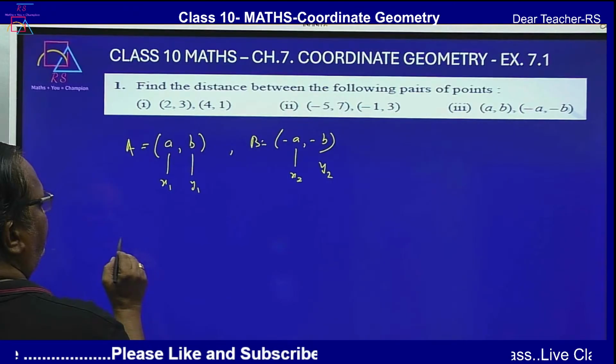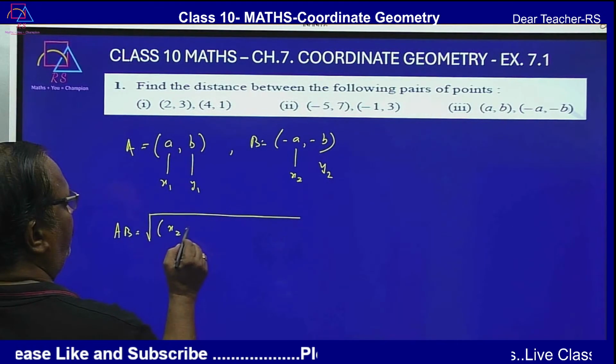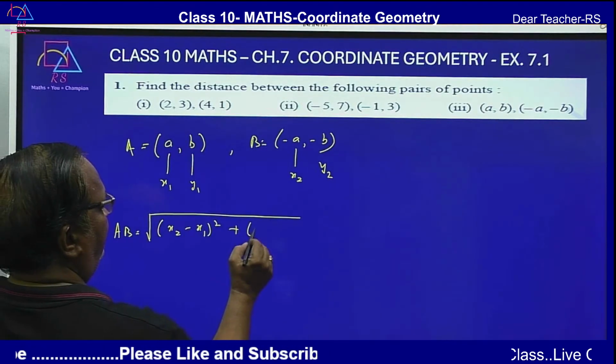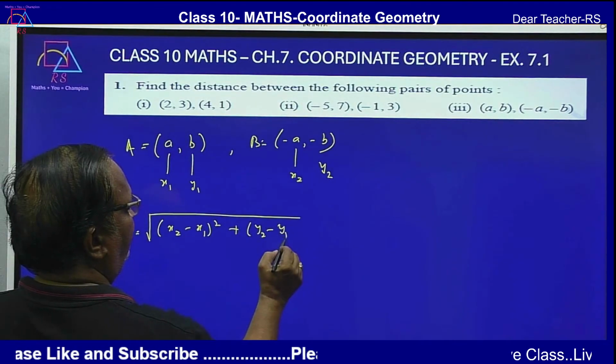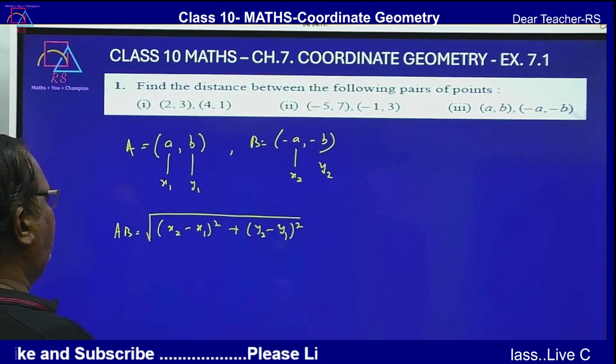So now for AB, let us write the formula: (x2 minus x1) whole square plus (y2 minus y1) whole square. Formula carries marks.